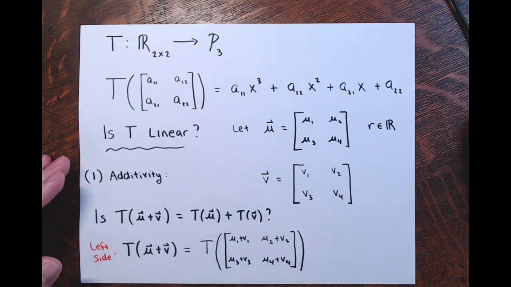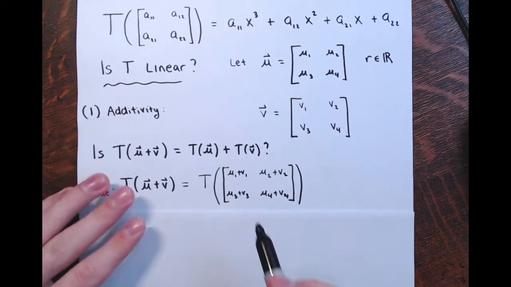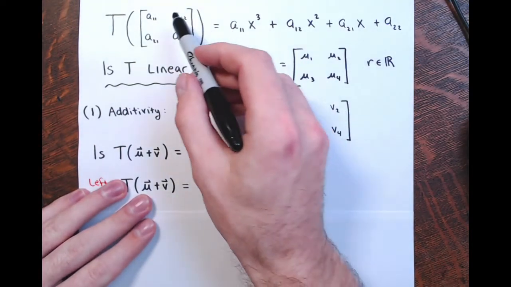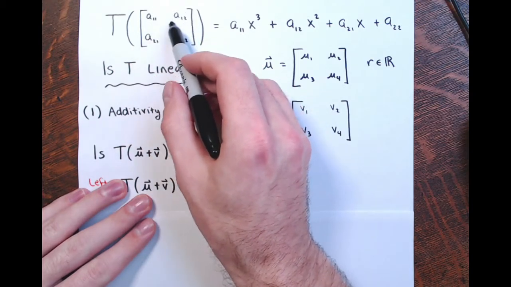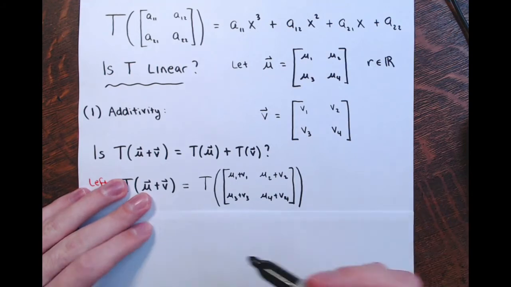Then I apply the transformation to this, and in that transformation, in this order, those become the coefficients of my output polynomial.